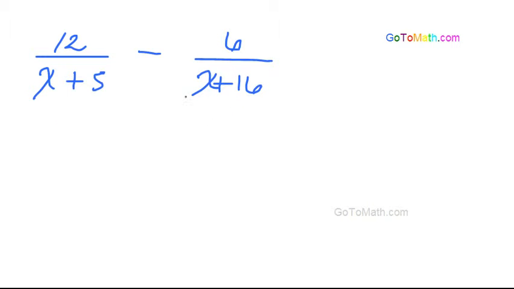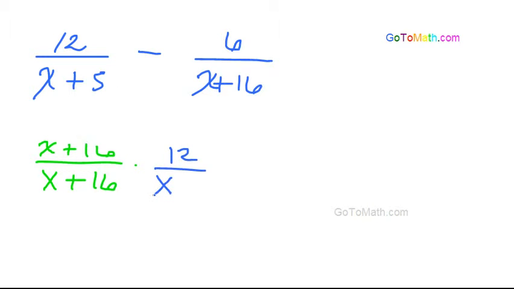Okay, so we need to get a common denominator. You should know the drill by now. We have x plus 16. We're going to write an x plus 16 over x plus 16 over here. And then, of course, that's times 12 over x plus 5.